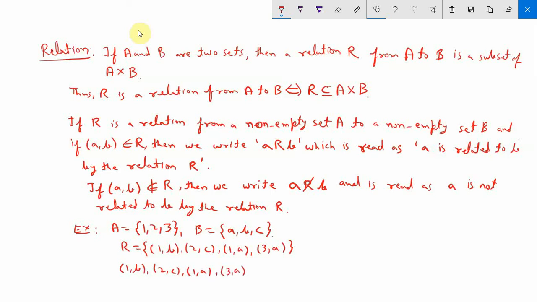These are all elements of R. So 1 is related to b, 2 is related to c, then 1 is related to a, and 3 is related to a.